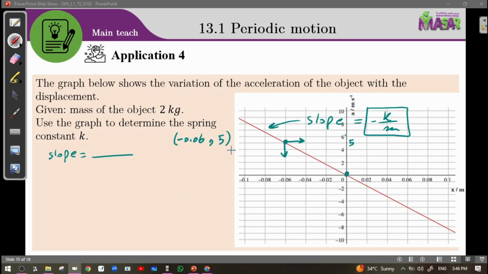Now, the second point is 0, 0. We're gonna use y2 minus y1 over x2 minus x1. So y2 is 0, you can start with 0 or 5. I'm gonna start with 0, so 0 minus 5, and since we took first the y coordinate from this point, I will take the x coordinate from this point also. So I would start with 0 minus minus 0.06. We have a double minus here, minus from the slope formula and minus from the coordinate of that point.